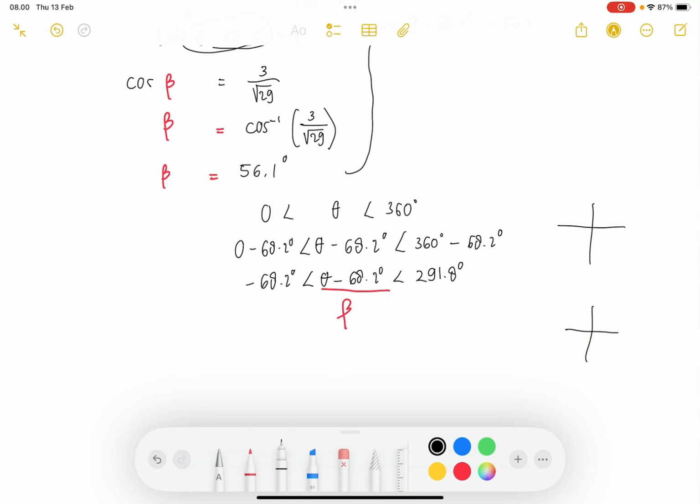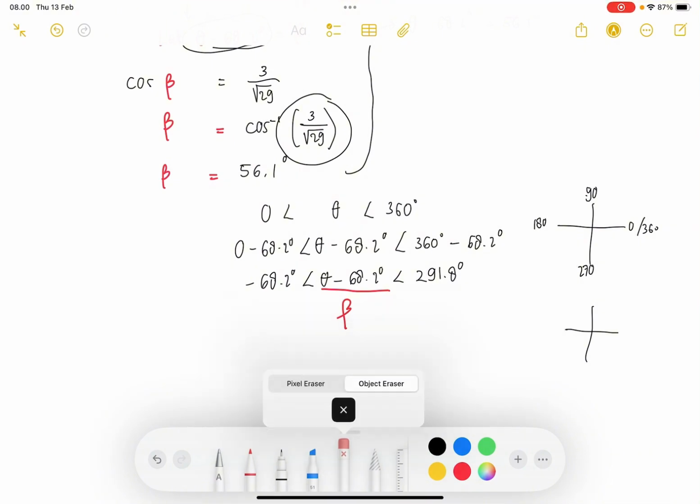Okay, for the positive quadrants, here 90, here 0 or 360, here 180 degrees, here 270 degrees. We are going to check only the quadrants that make the value of cosine positive. Where is cosine positive? In this quadrant, this is all, this is sine, this is tangent only, this is cosine.